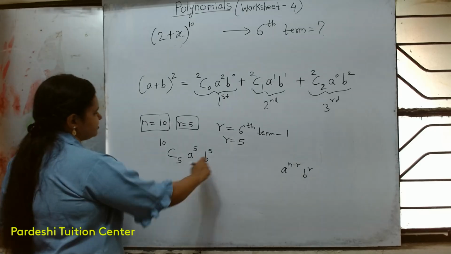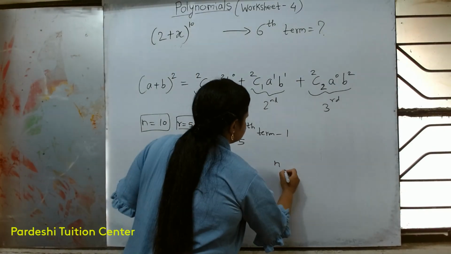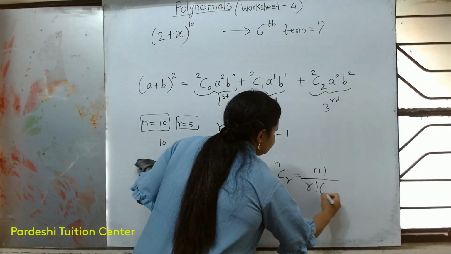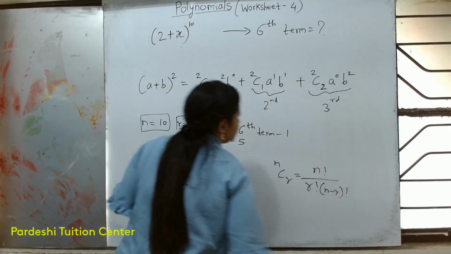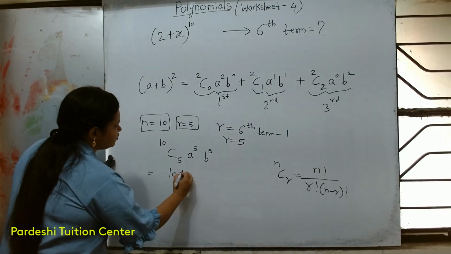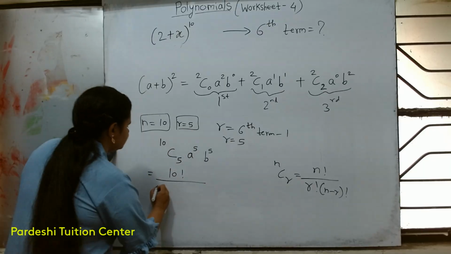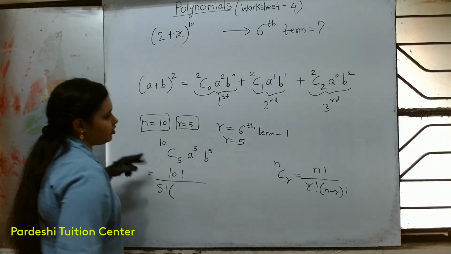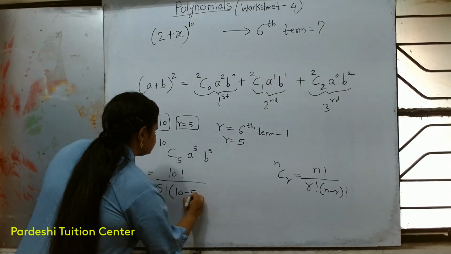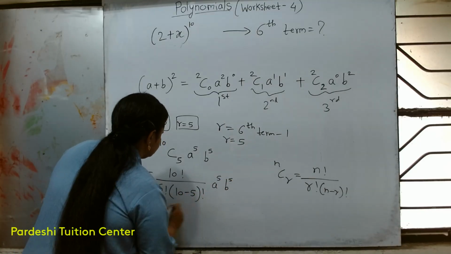Now we will solve this. What is the formula for nCr again? It is the basic formula, okay: n factorial upon r factorial into n minus r factorial. So according to this, n is 10, so it will be 10 factorial upon r factorial, that is 5 factorial, upon n minus r, that is 10 minus 5, into a to the power 5, b to the power 5.